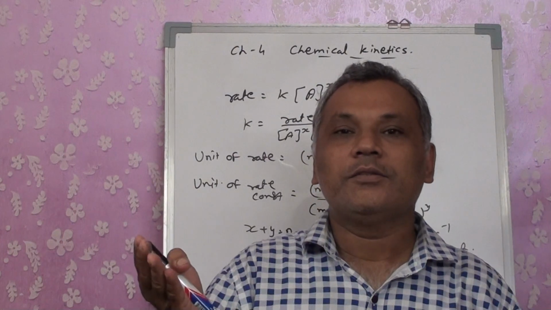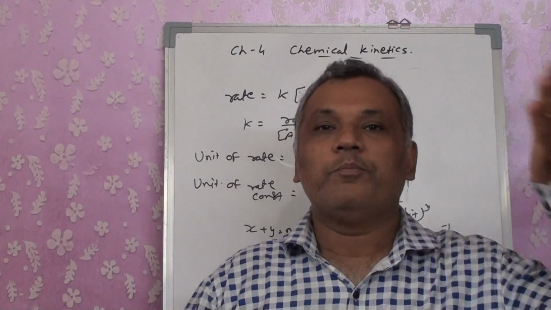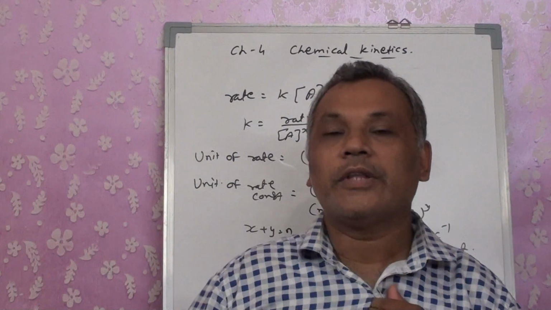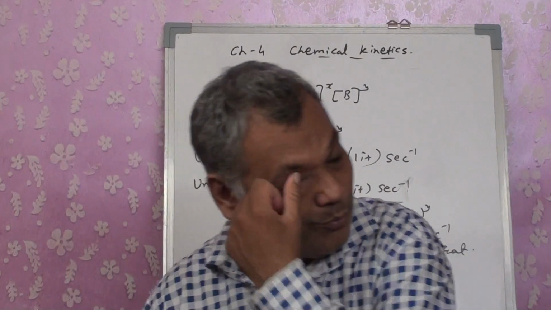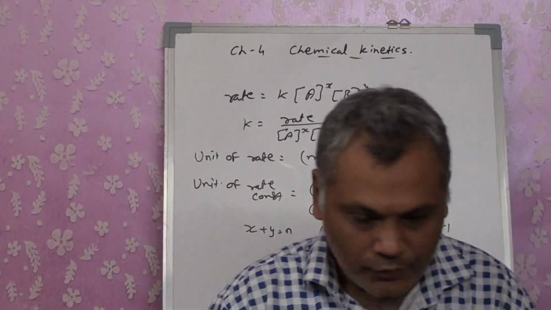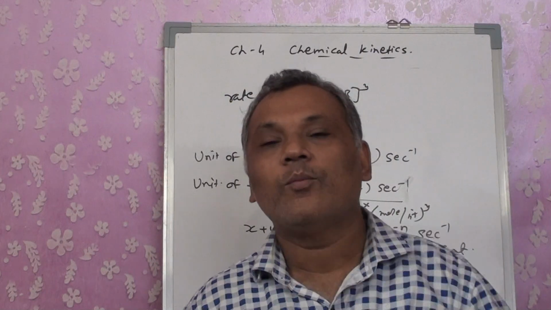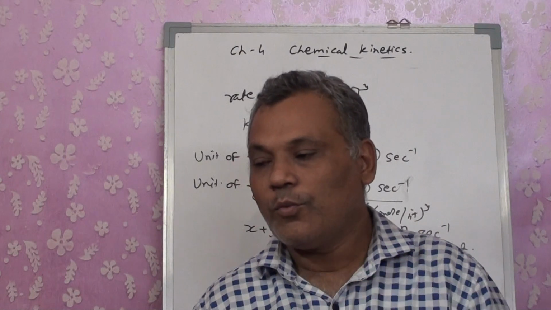Order of reaction is after the reaction starts. Molecularity is before the reaction starts. So that's the difference. I took an example: to see this lecture, 45 students are sitting. That means 45 is the molecularity.